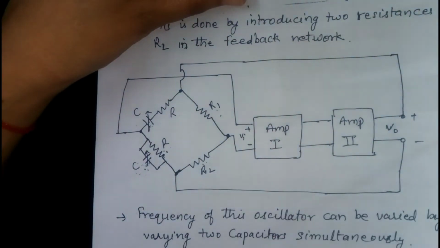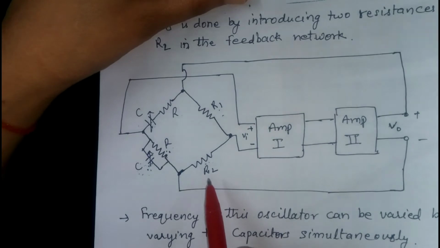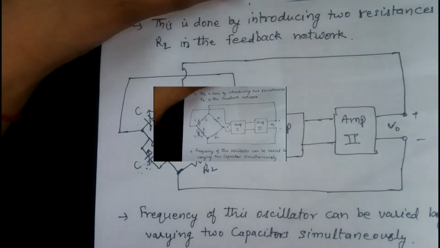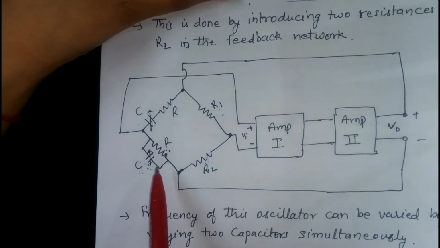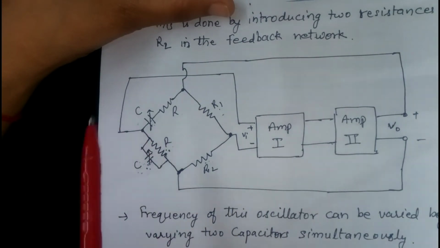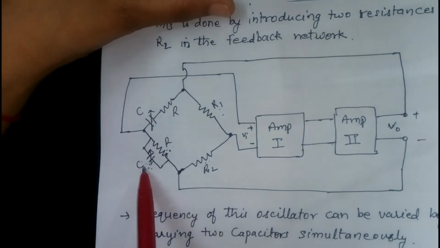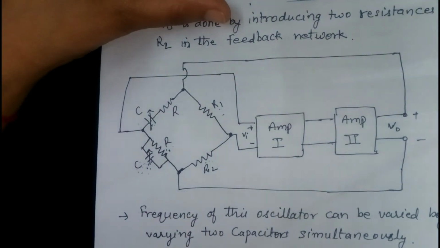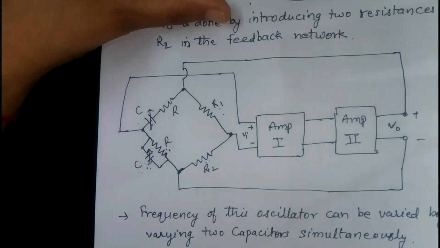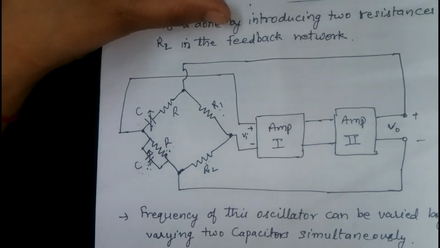Now this is the total complete circuit of this Wien-Bridge oscillator. What is the advantage of this Wien-Bridge oscillator? In the Wien-Bridge oscillator, we can vary the frequency by varying simultaneously these two capacitors, and we can also change the range of the frequency by changing the values of these R. In general, RC oscillators do not provide any change in frequency.